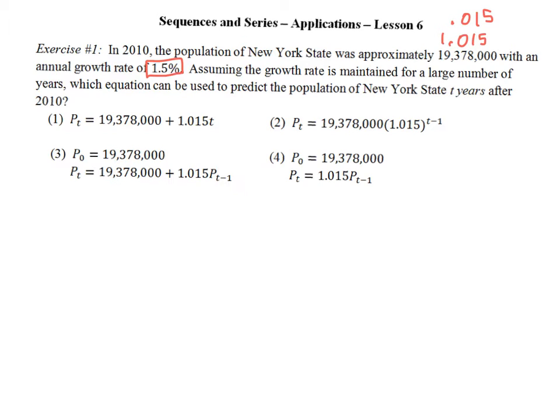Again, notice that we're using a different definition of R. When we're talking exponential, the R gets added to 1 when I've got a growth rate to give me that 1.015. When I'm talking about a geometric series, then it means what do I have to multiply each term by to get the next term. So in that case, 1.015 stands for the R in the geometric series.